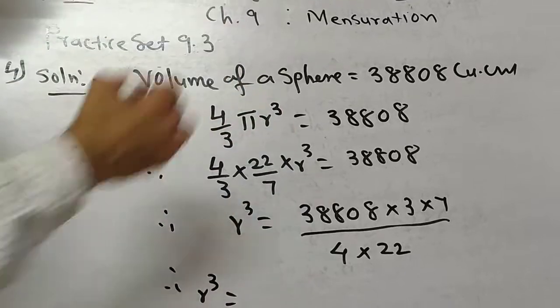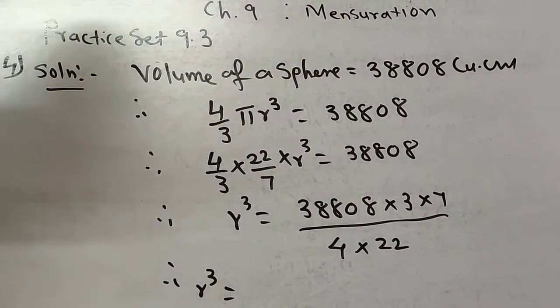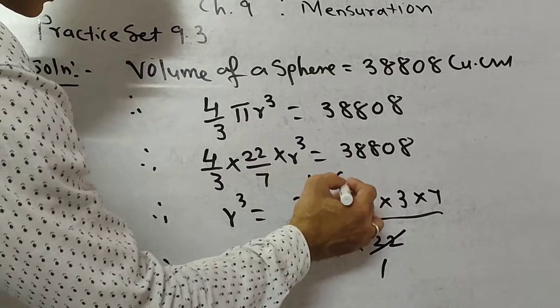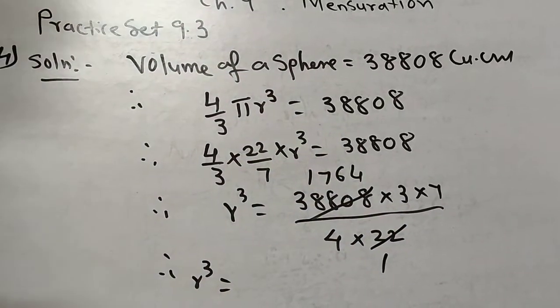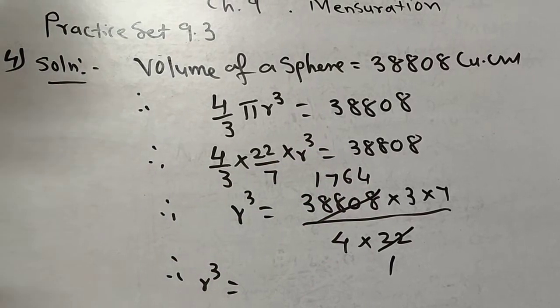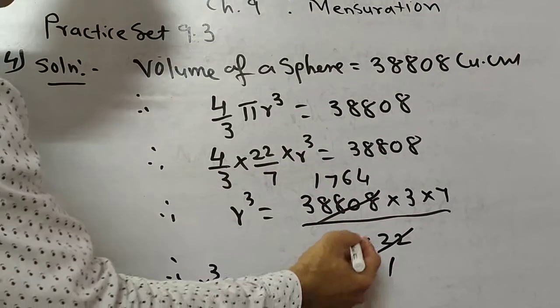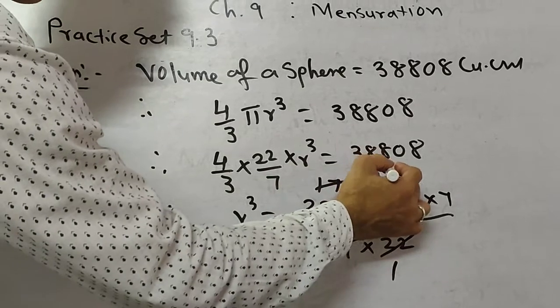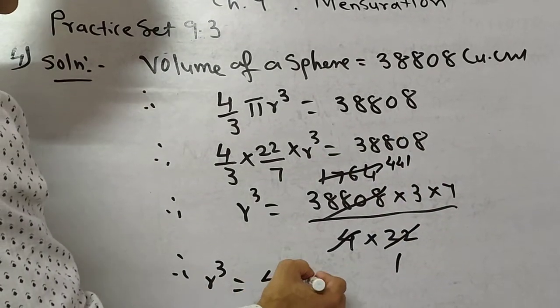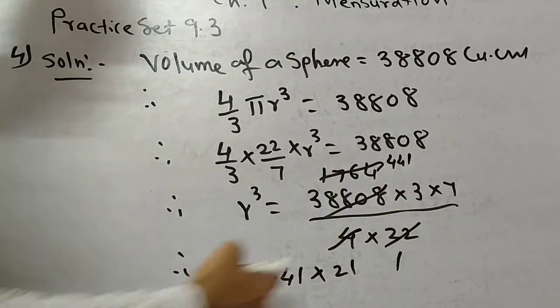Okay, now cancellation. If you divide by 22 you will get 1764, and if you divide this by 4 you will get 441. So 441 into 21, 7 3s are 21.